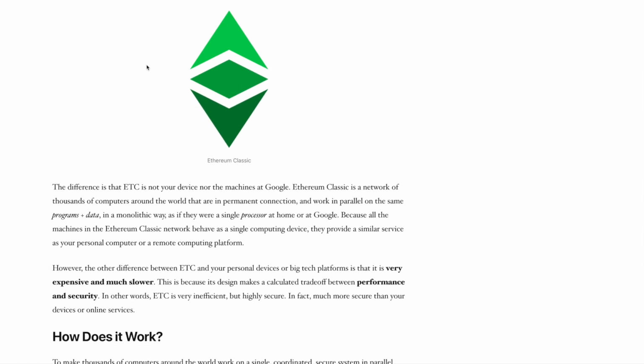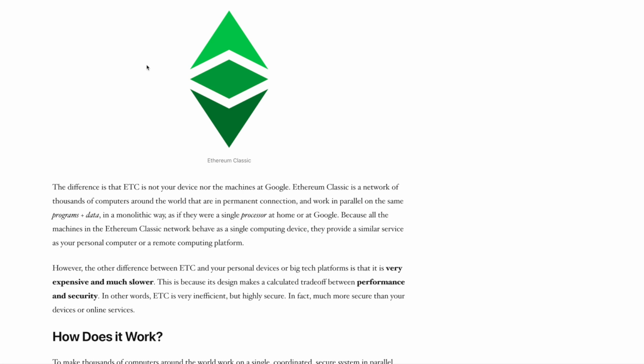So the difference with Ethereum Classic is not the device or the machines at Google. Ethereum Classic is a network of thousands of computers around the world that are in permanent connection and work in parallel on the same programs plus data in a monolithic way, as if they were a single processor at home or at Google. Because all the machines in the Ethereum Classic network behave as a single computing device, they provide a similar service as your PC or a remote computing platform.